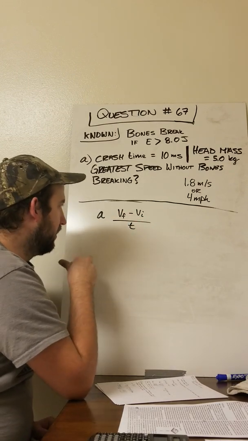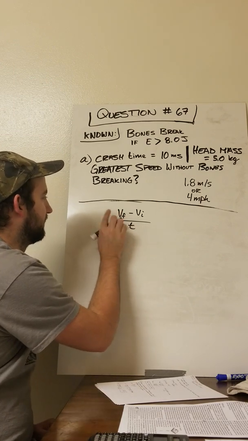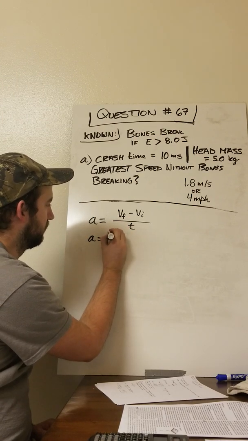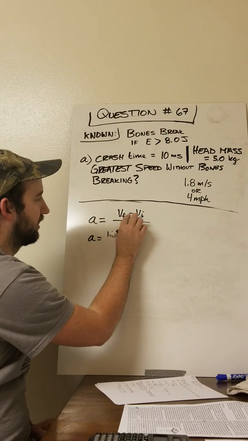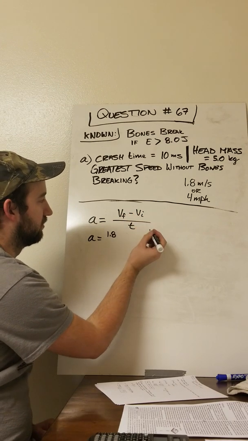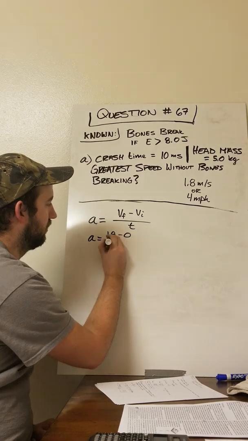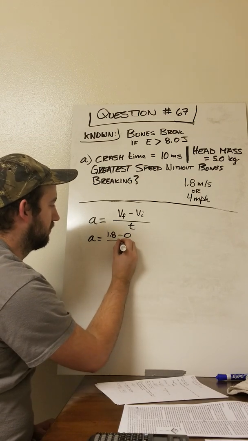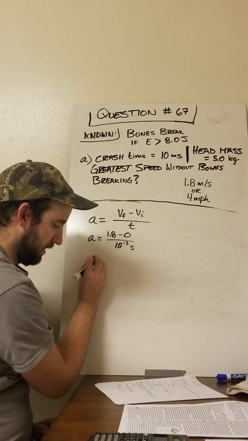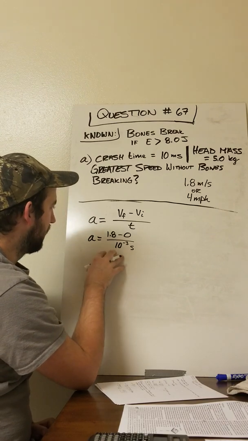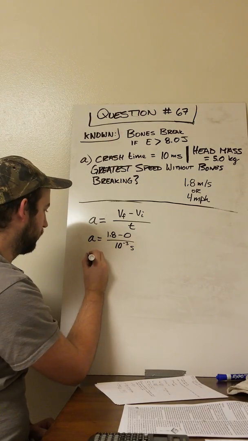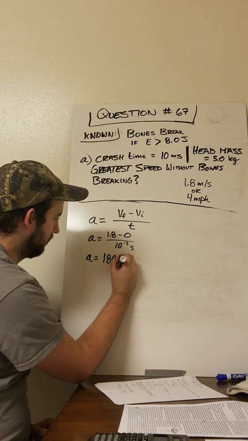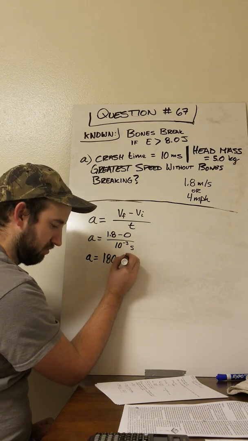So acceleration equals, the final is 1.8 meters per second, the initial is 0, and the time is 10 milliseconds, 10 to the -3 seconds. We do the math here, and we end up with 180 meters per second squared.